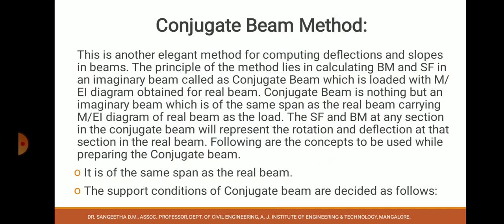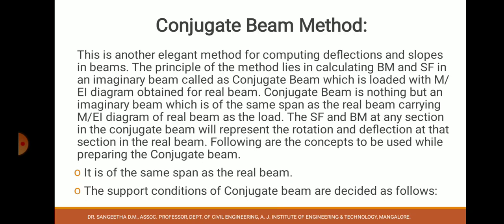The conjugate beam is an imaginary beam of the same span as the real beam, carrying the M/EI diagram of the real beam as the load. The shear force and bending moment at any section in the conjugate beam will represent the rotation and deflection at the section in the real beam.